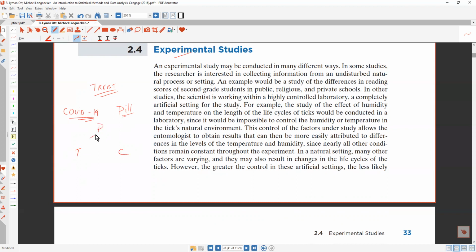So if those are your participants, you need to have that random assignment and make that comparison. If you do not do that, and you simply give the medication to a few people and rely on anecdotal evidence, then you're not really doing the best scientific investigation, and you're definitely not doing an experimental study. That's why experiments are really, really important.